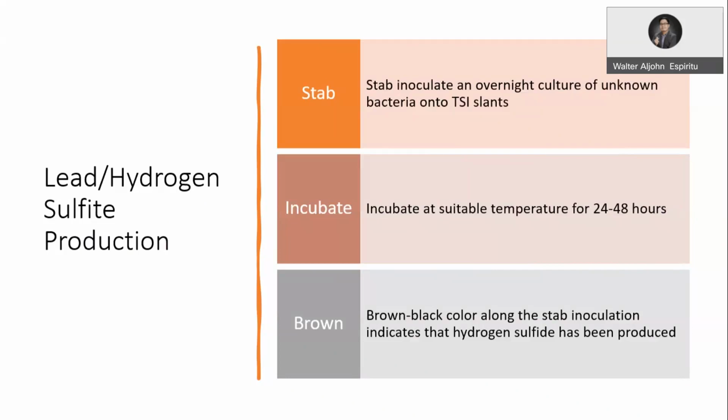If there's a formation of brown black color along the stab, therefore hydrogen sulfide has been produced, and therefore your microbes can use the sulfide as one of its nutrients.